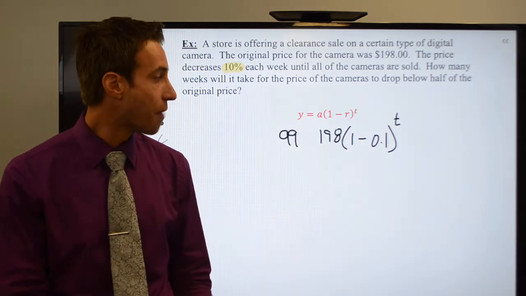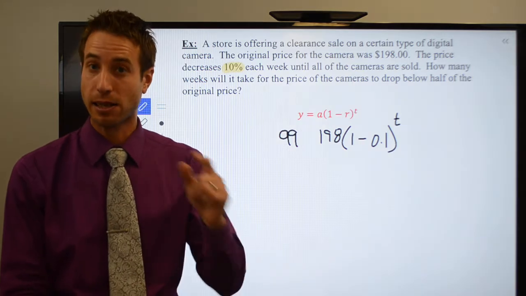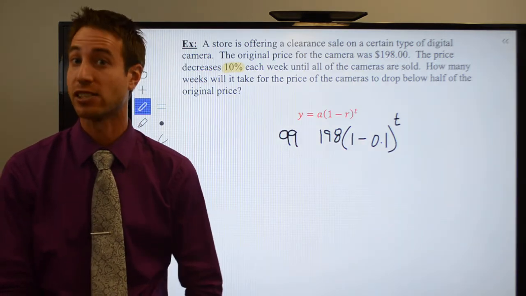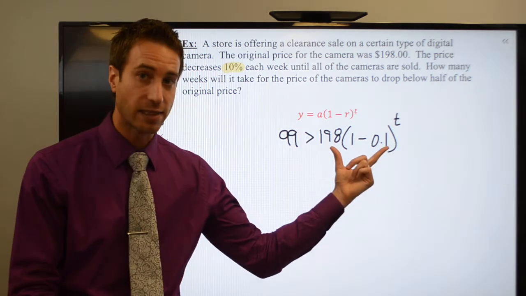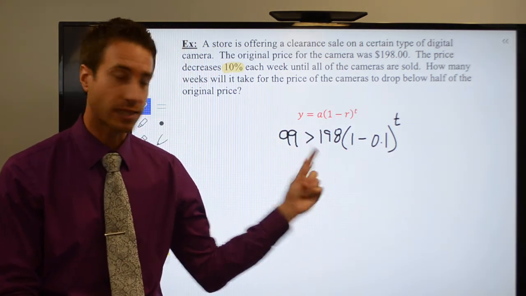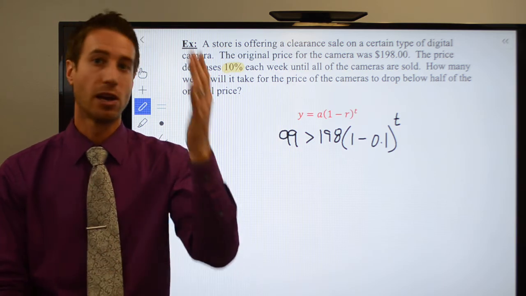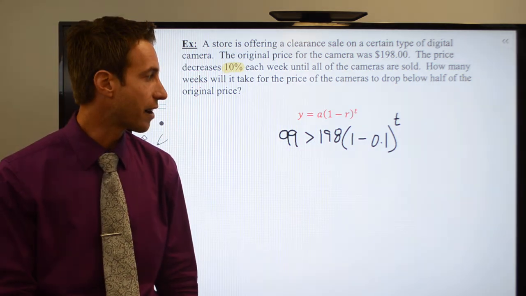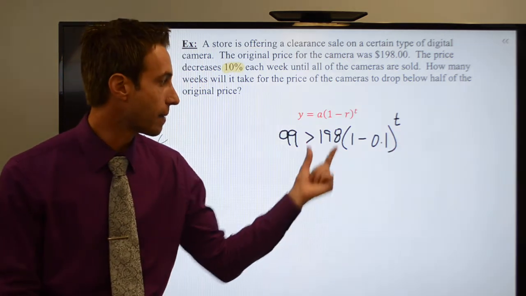But I want the price of the camera to be less than half the original price. So it's actually going to be an inequality where the price of the camera is less than half the original price. Here we go. I plugged in all of the variables I know. We need to solve for t. Let's get started.